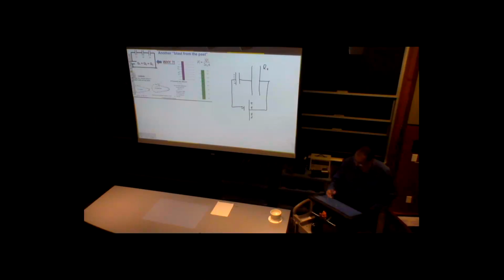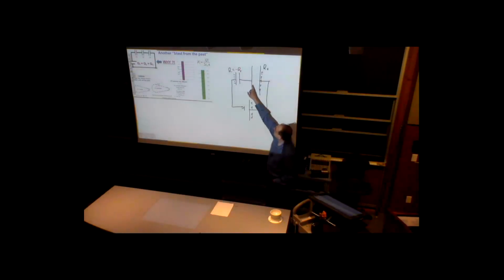But the law of conservation of charge tells us that the amount of electrons that left the positive plate should be equal to the amount of electrons brought to the negative plate. That's normal. Conservation of charge.